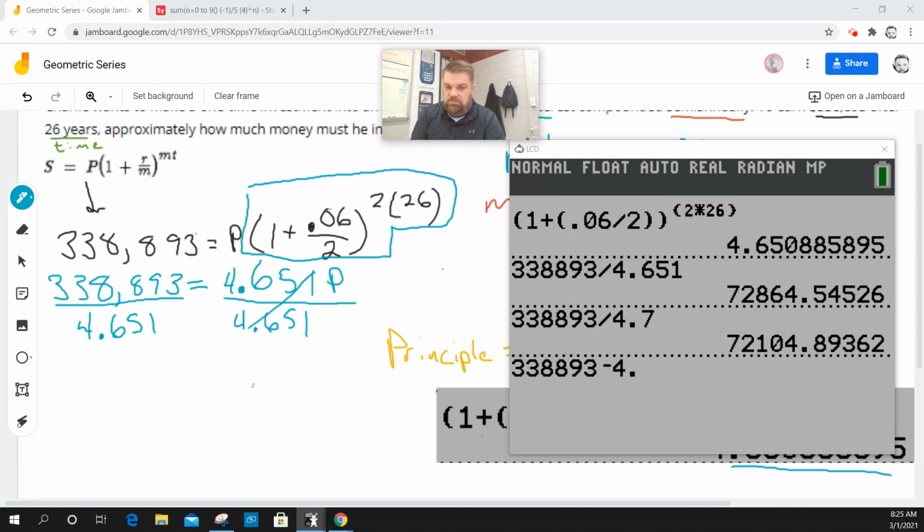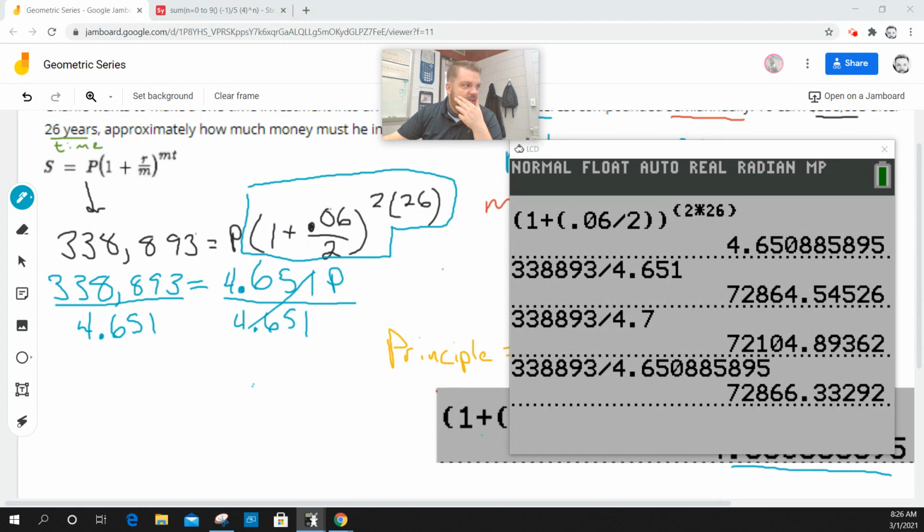So we're going to go divided by 4.6508858885895. Oh shoot, we've got to insert the decimal, not a comma. All right, let's try that. Yeah, that's what they did. Wow, they carried that all the way out.